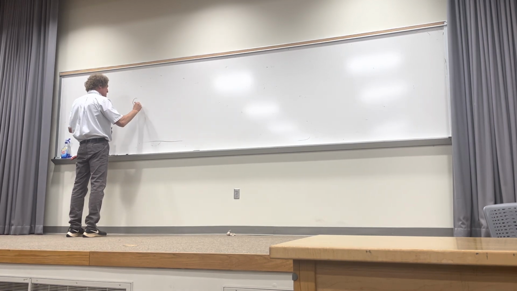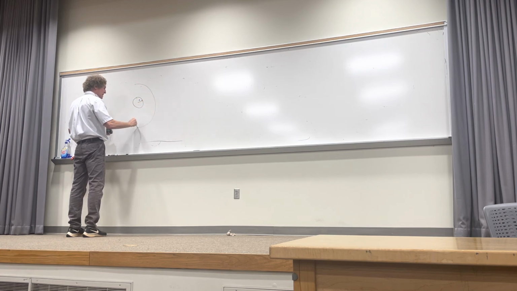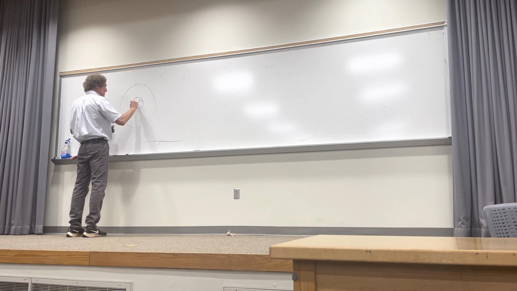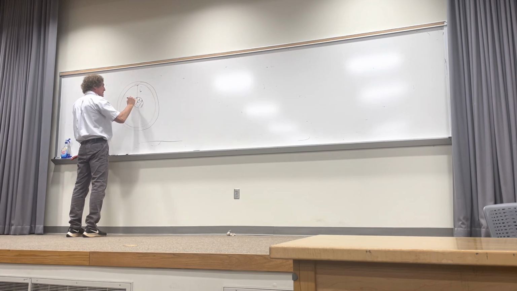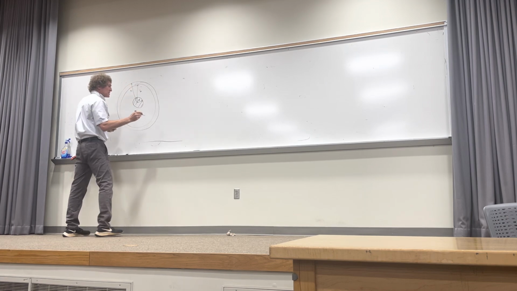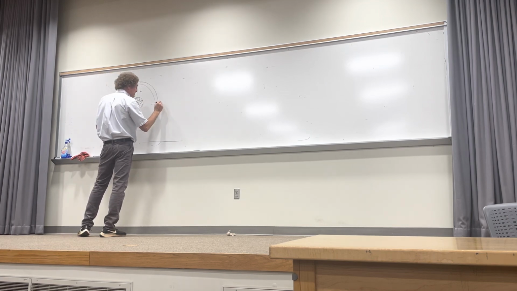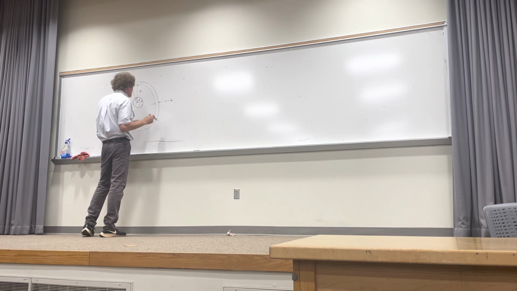Inner conductor of radius A, and an outer conductor of radius B. This is a solid wire, but this is a thick sheath, and I've got a radius C. So this has some thickness to it, and that would be C minus B.